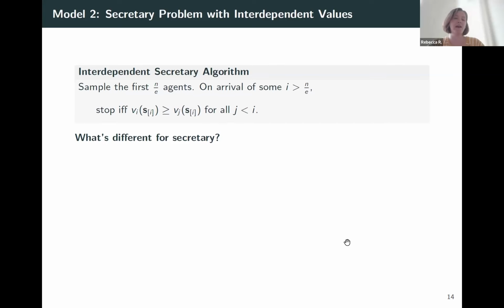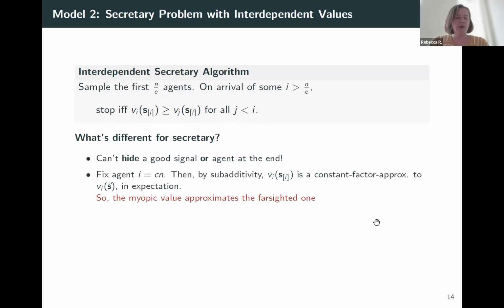What is different here actually? Why can we just do this? This looks simpler, right? And indeed, in the secretary setting, we are a bit more lucky because now it's not possible for an adversary to hide a good signal or a good agent at the end, because the values are adversarial, yes, but then there is this random mixing of the order that will possibly make us see this very early on.